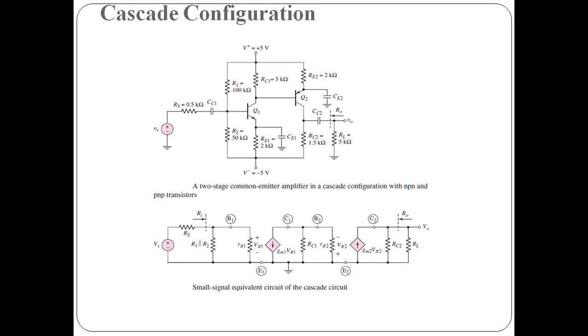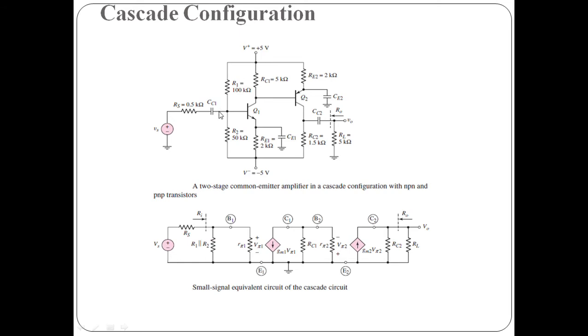For the small signal analysis, let us first consider the condition for the AC analysis. The condition for the AC analysis is that the capacitor has to be short circuited and the power supply, V plus and V minus, has to be connected to the ground terminal.